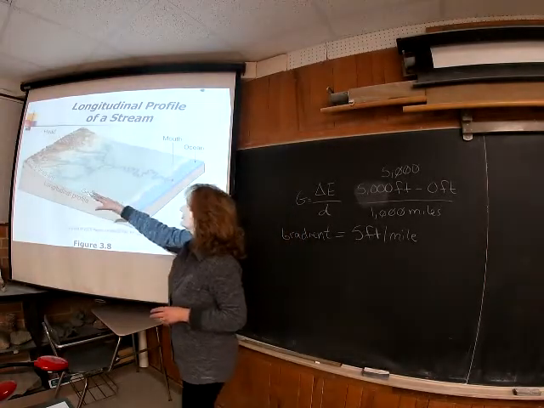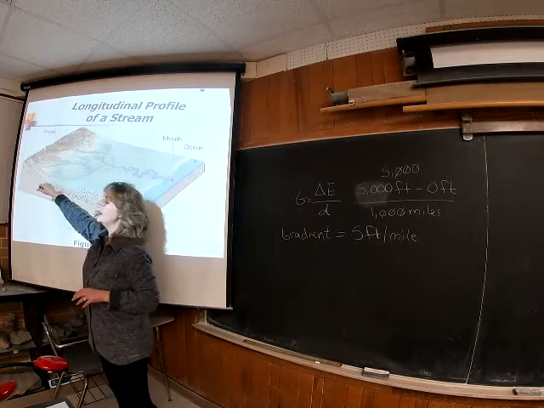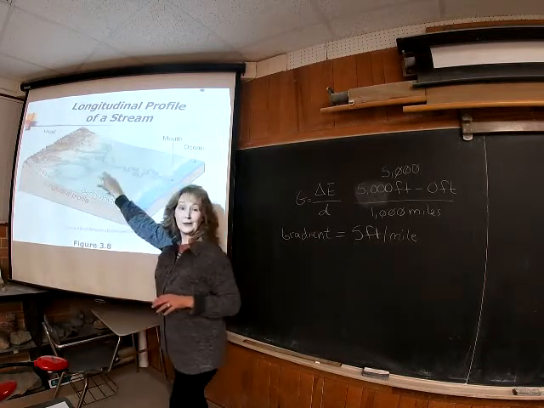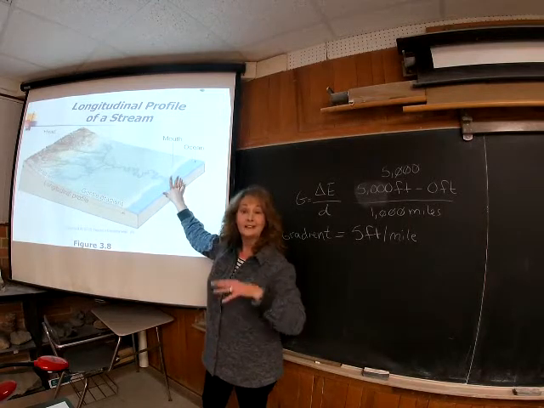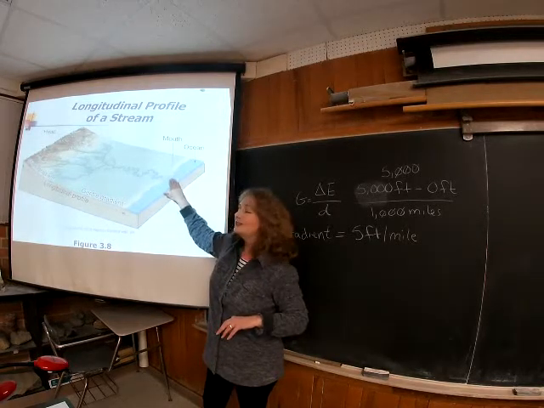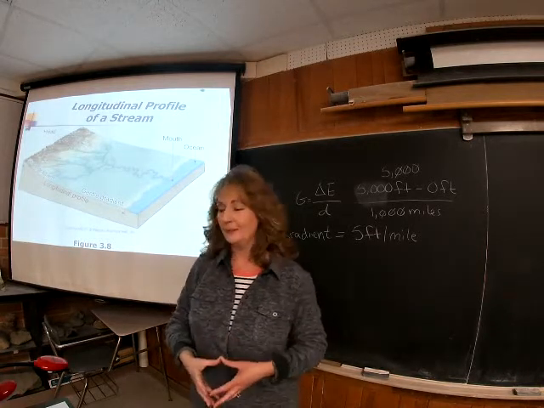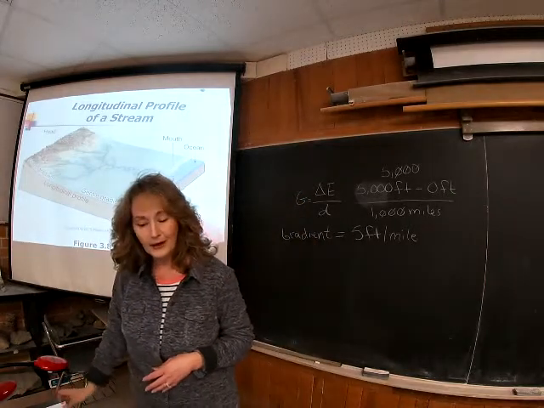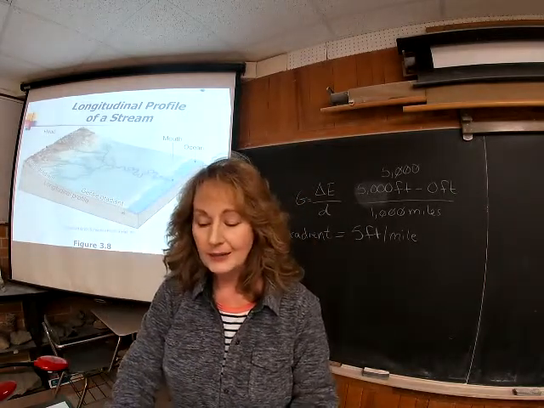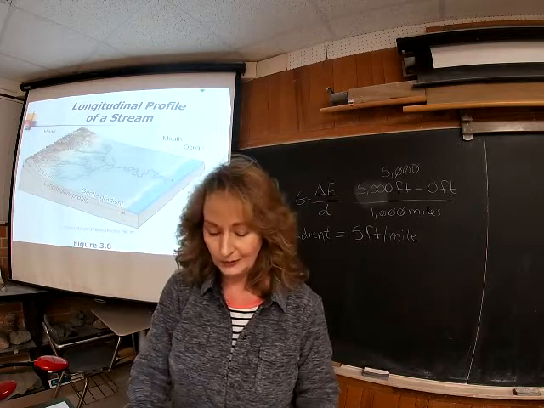And again, erosion is a dominant process at the headwaters, then a transportation zone, and then a deposition zone. We begin to deposit the sediment, and that kind of dominates the processes at the mouth of the stream. So this is a nice profile, looking at that in a longitudinal kind of way.